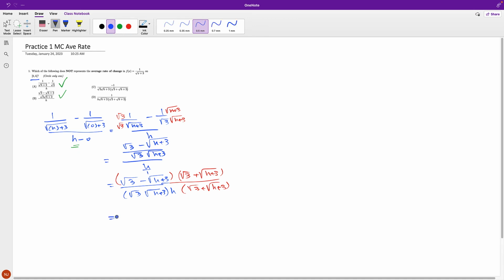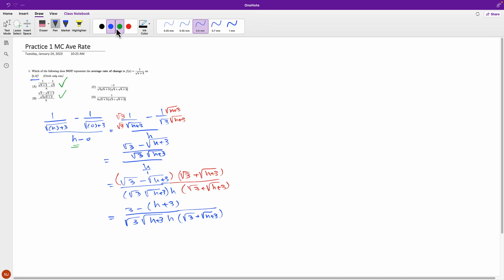By the property of conjugate, the top becomes 3 minus, notice this, parentheses h plus 3. And the denominator stays square root of 3 times square root of h plus 3 times h times square root of 3 plus square root of h plus 3.